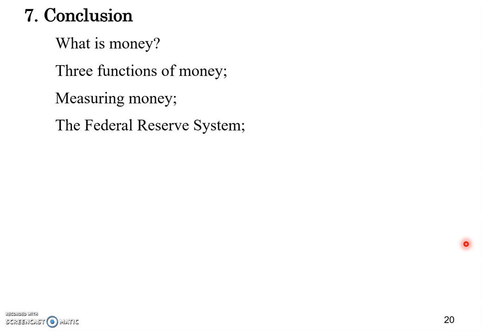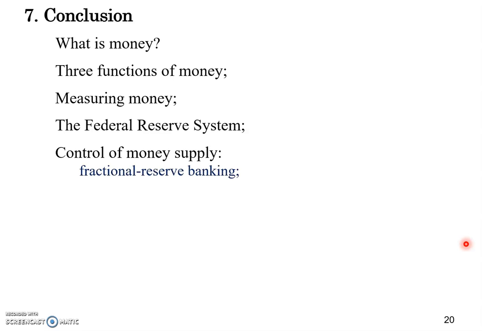And then we have a brief discussion about the Federal Reserve System, which is the central bank of the United States. Later we step into the discussion of the control of money supply. These are more intermediate level stuff.